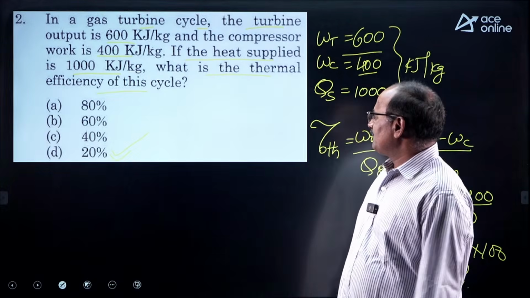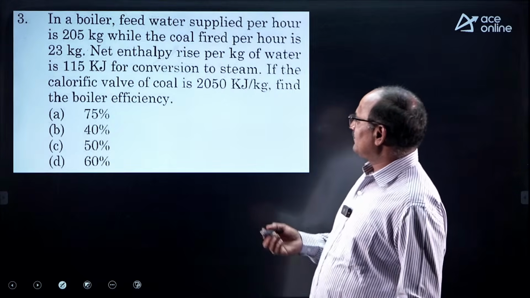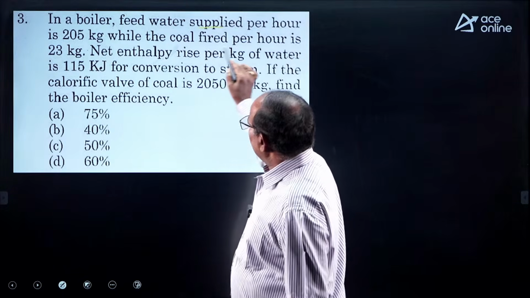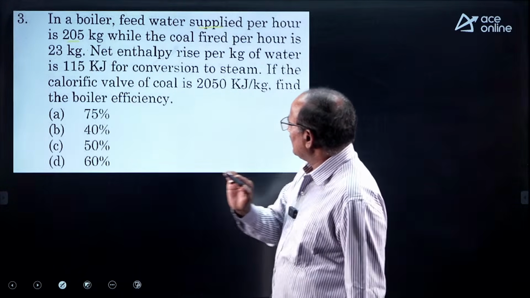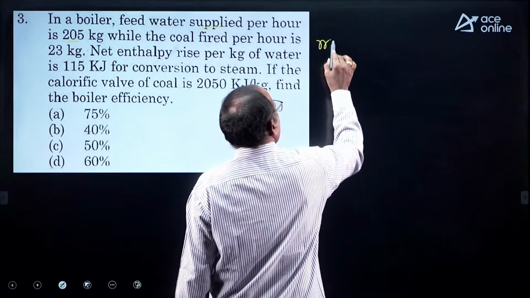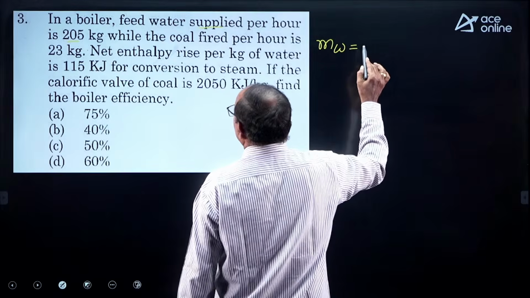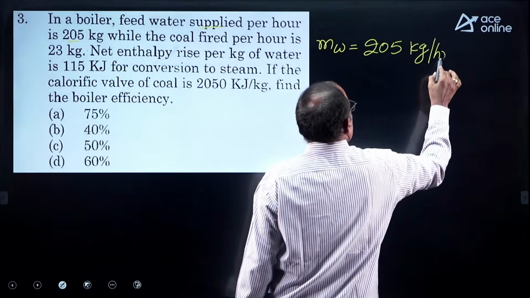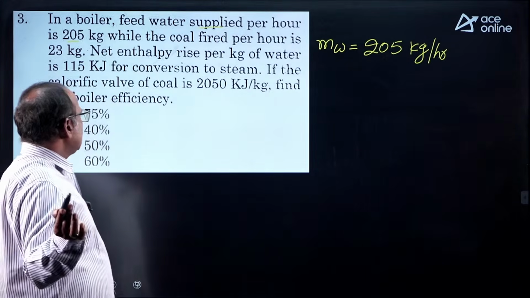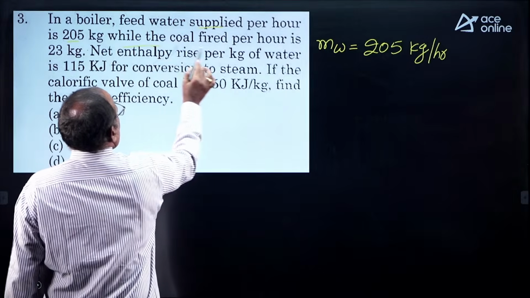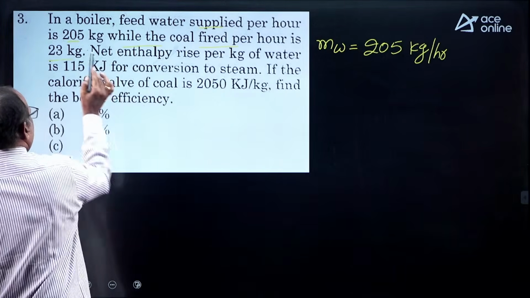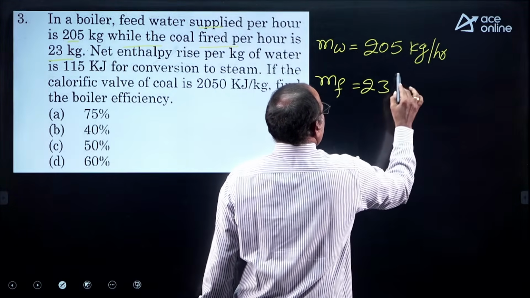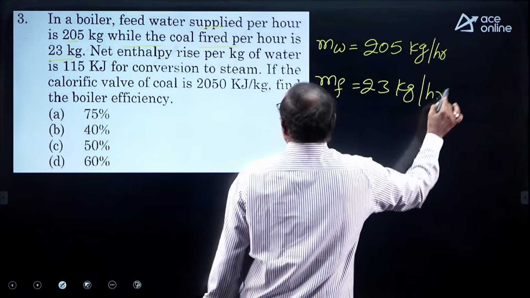Similarly, look at another question asked on boilers. In a boiler, feed water supplied per hour is 205 kilograms. That means mass of the water supplied is equal to mass of the steam produced, 205 kilograms per hour. That is the amount of water supplied to the boiler in 1 hour. While the coal fired per hour is 23 kilograms. Mass of the fuel burnt is 23 kilograms in 1 hour.